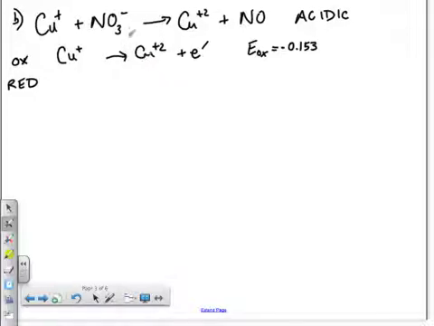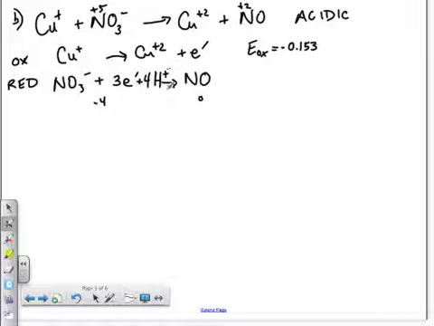The thing that is a reduction is exactly like it is on the page, but I'm going to go through it as if it weren't there. We are going from a +5 for nitrogen to a +2. That is a 3 electron change. We are in acidic conditions. I've got 4 negatives on this side and no charge on this side, so I'm going to add 4 H plus.